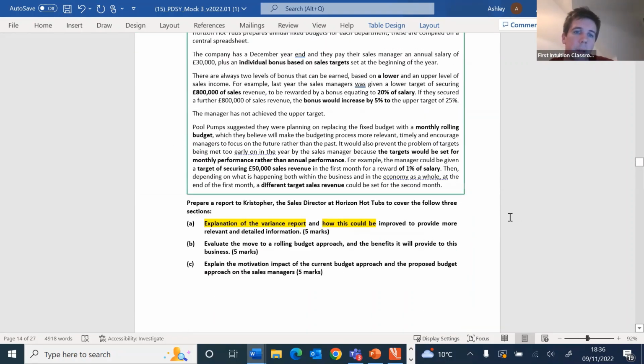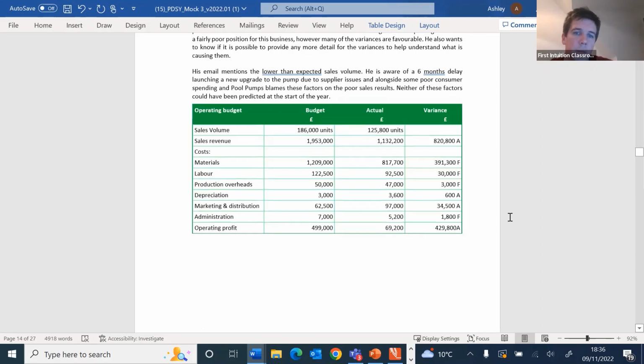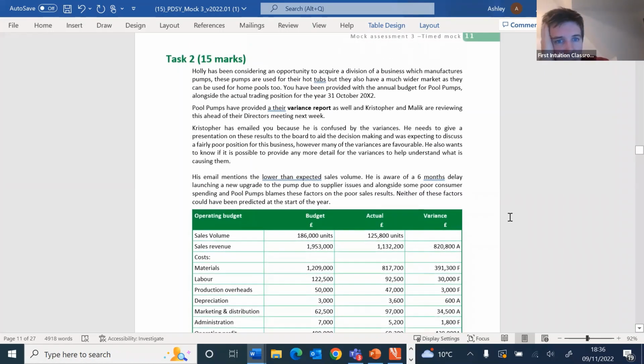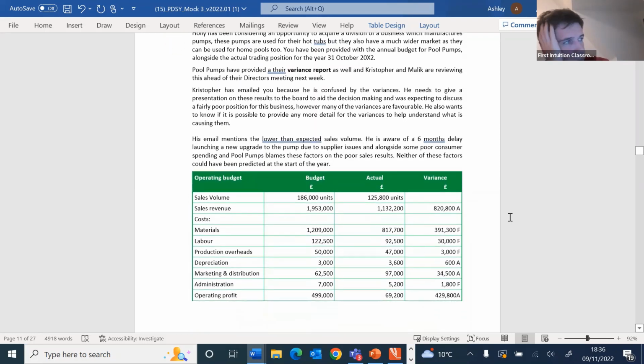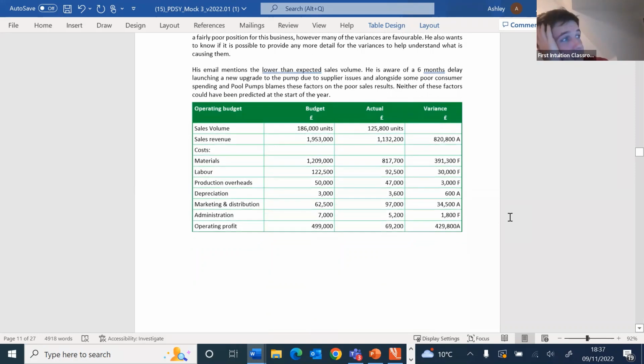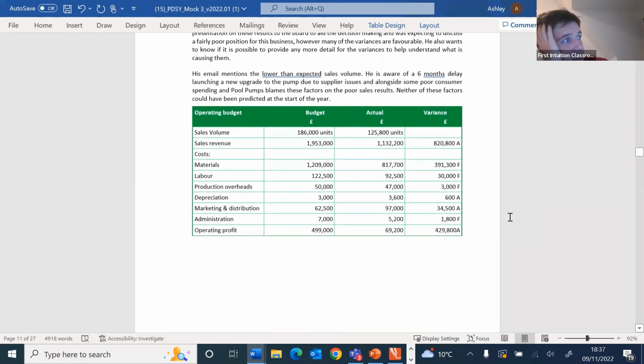Another reason, if I look up here, and I'll ask a couple of leading questions, is do we have any information as to why marketing and distribution is adverse, so significantly adverse as well? Is there anything in there that tells us that? I mean, we could guess, absolutely, as you've said there.